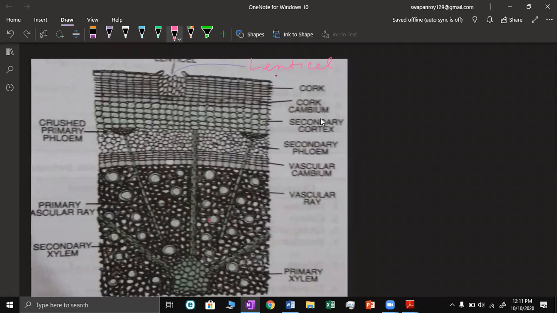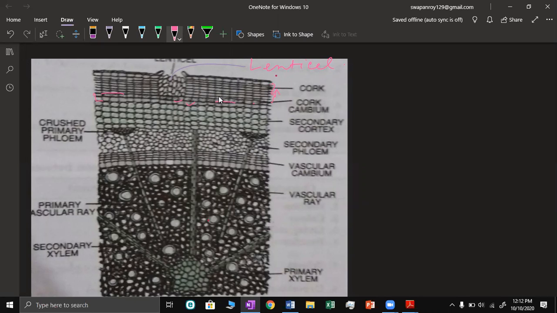This is the cork cambium. This two cell layer, you can see this one is cork cambium, and the cork cambium is producing cork on the outer side. This portion is the cork.